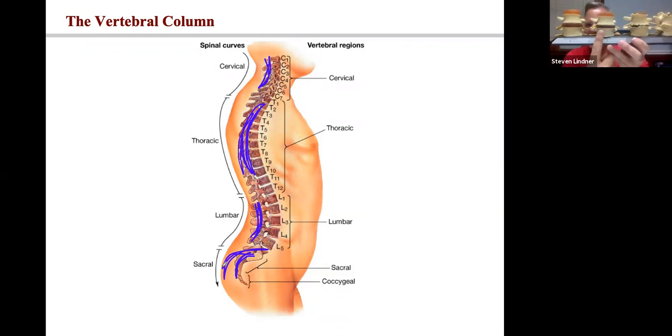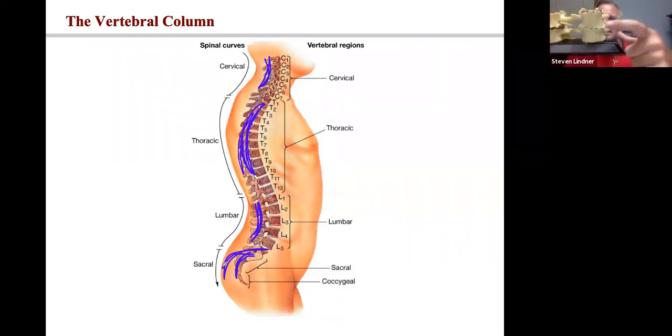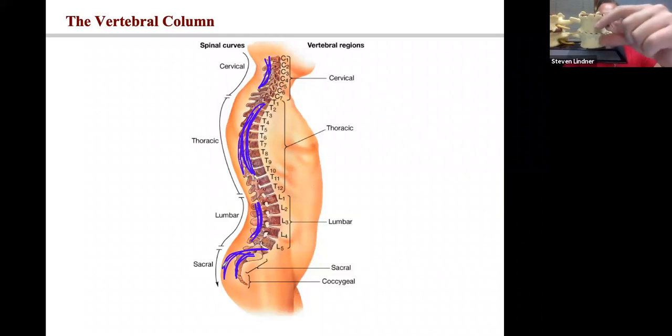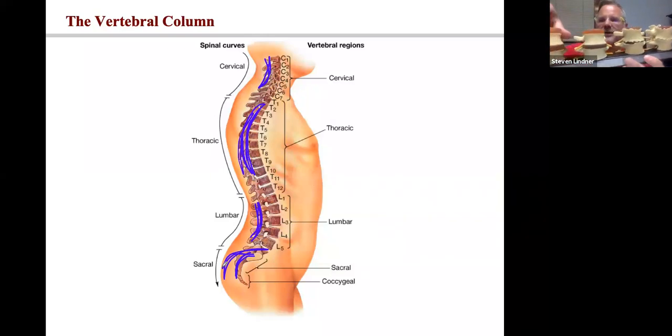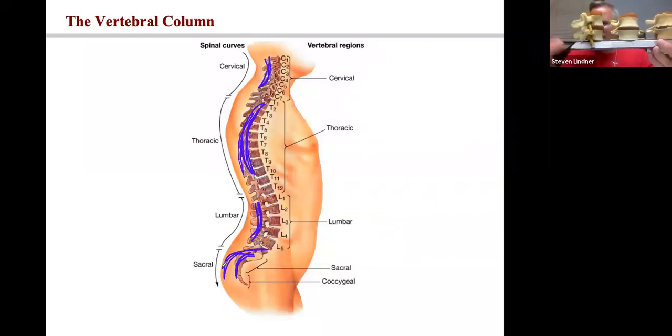Look at the disc here, it's a little bit compressed. Look at it here, you start to see little bone spurs, also known as osteophytes, and then it further progresses where the osteophytes from the bone above and below actually touch and kiss, and you have a natural fusion that takes place.